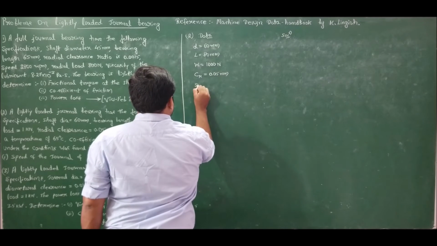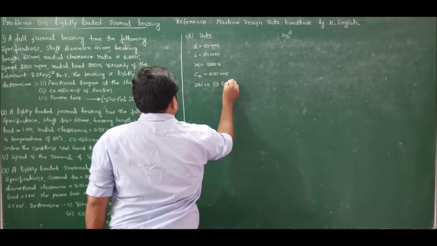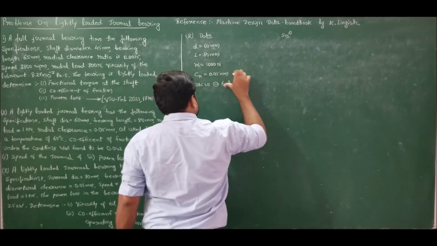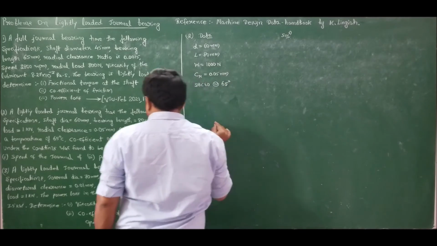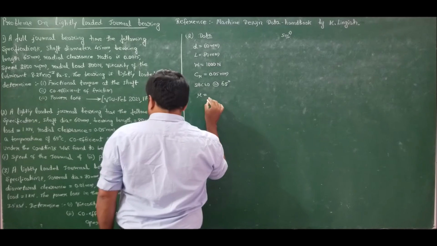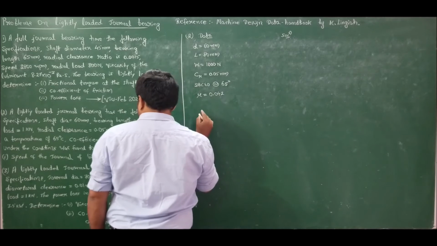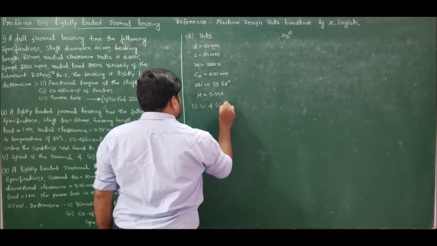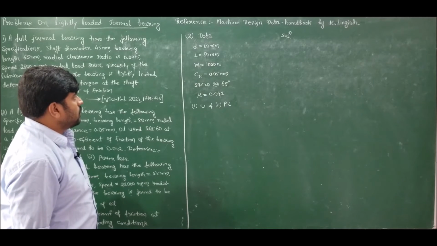Oil used is SAE 60 at operating temperature of 65 degrees Celsius. Coefficient of friction mu is 0.042. Determine speed and power loss. Let us solve this problem.